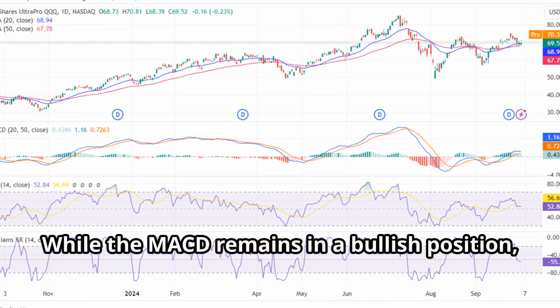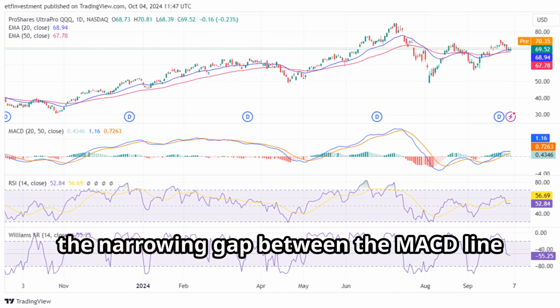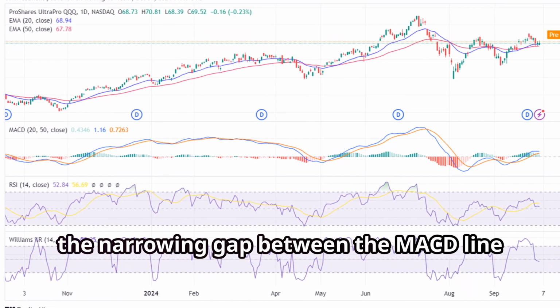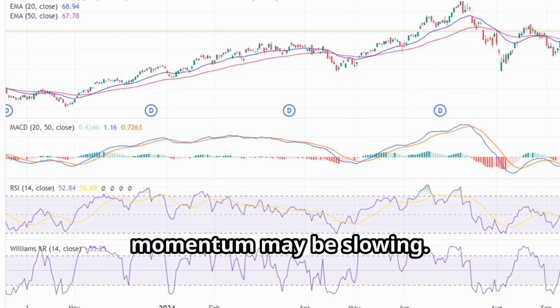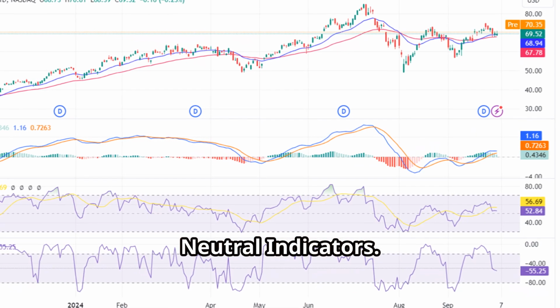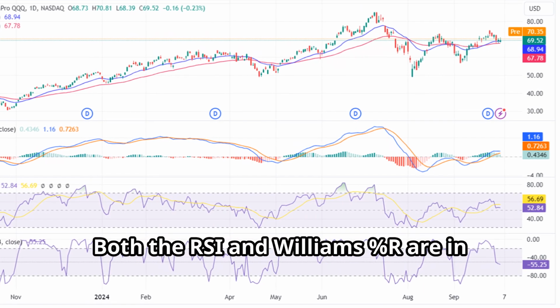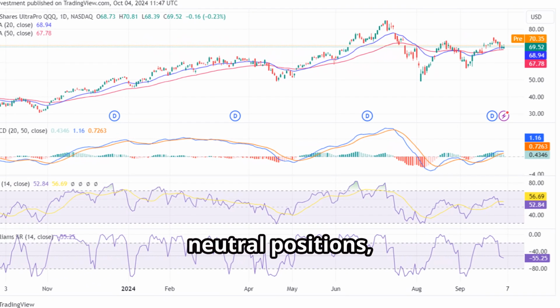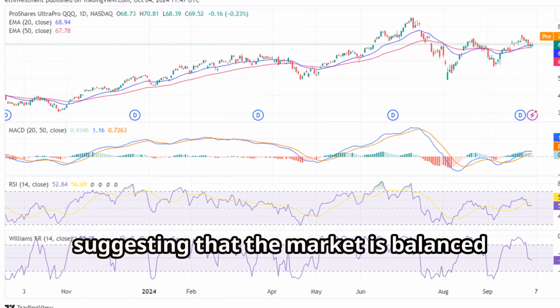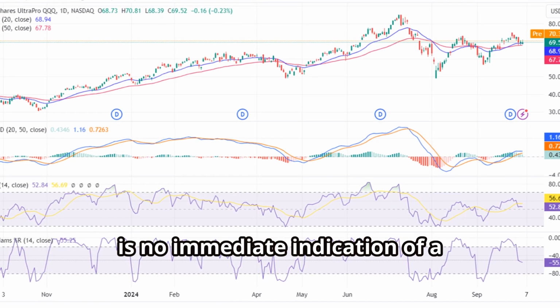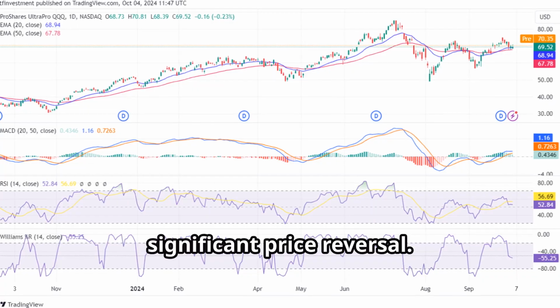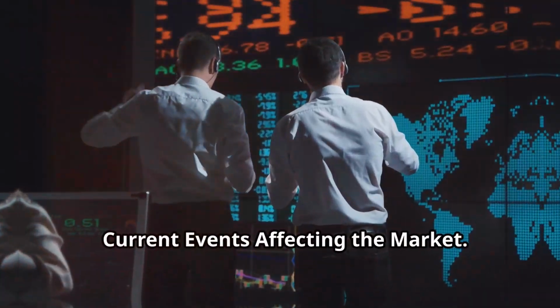While the MACD remains in a bullish position, the narrowing gap between the MACD line and signal line suggests that bullish momentum may be slowing. Neutral indicators. Both the RSI and Williams %R are in neutral positions, suggesting that the market is balanced between buyers and sellers, and that there is no immediate indication of a significant price reversal.